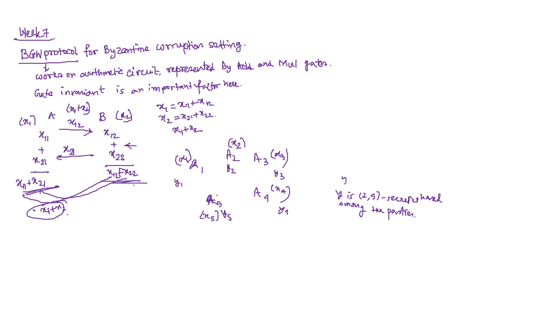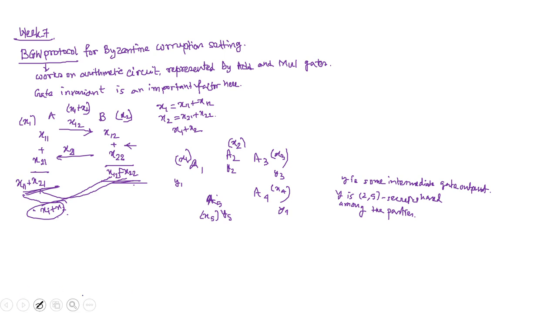Now when the parties are willing to reconstruct Y from Y1 to Y5, they need at least t shares from t parties, right?